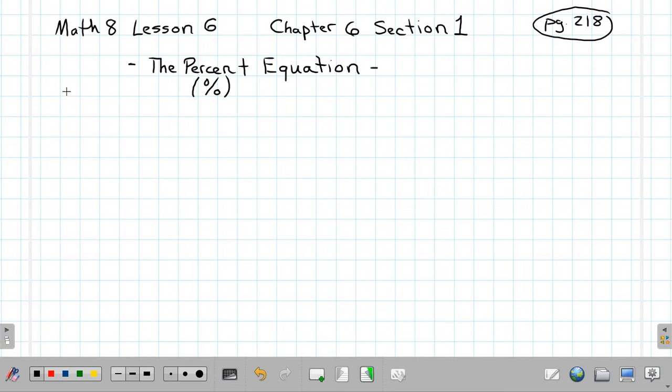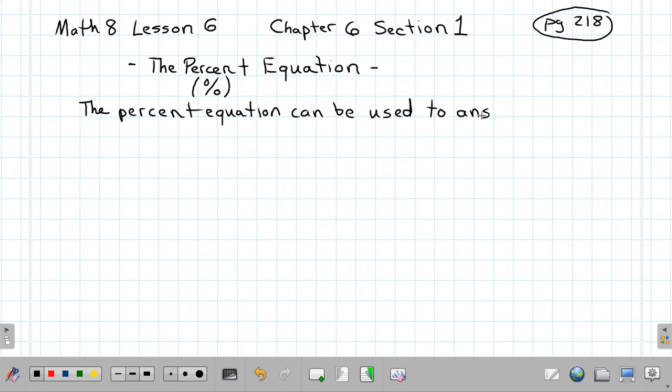So the first thing we're going to talk about with the percent equation is that the percent equation can be used to answer questions involving percentages.